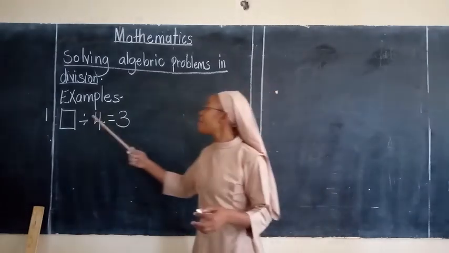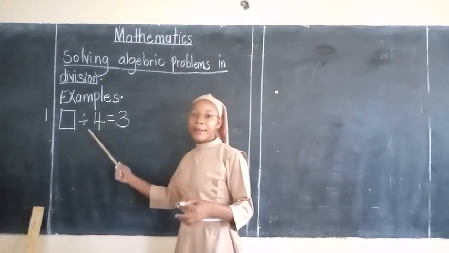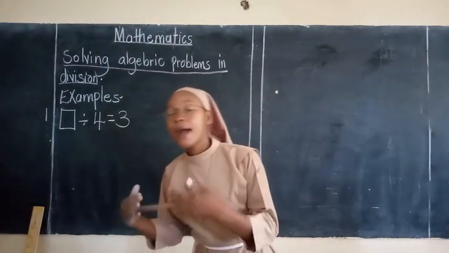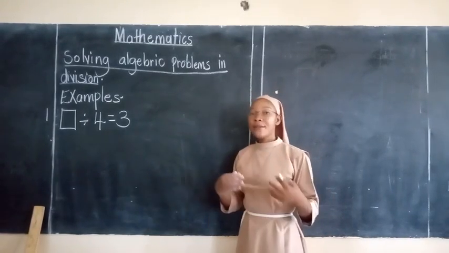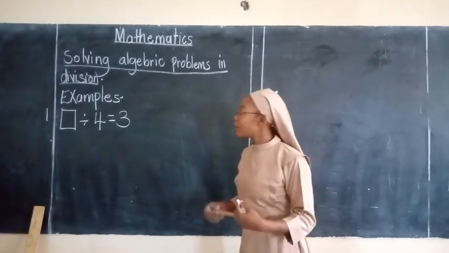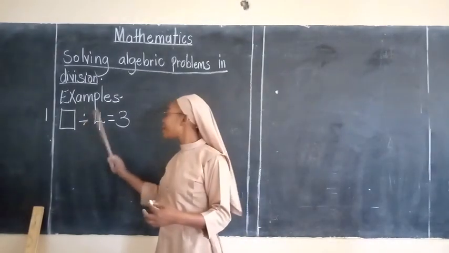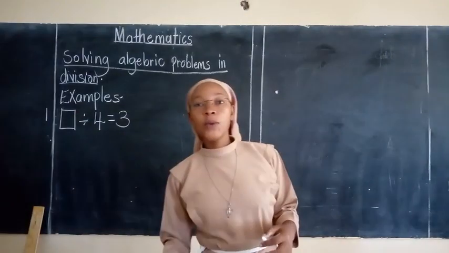But if we've not been given the second number, things change a little bit, and we shall see what happens when we come to that. But in this lesson, we are going to deal with how to find the first number if it has not been given to us.